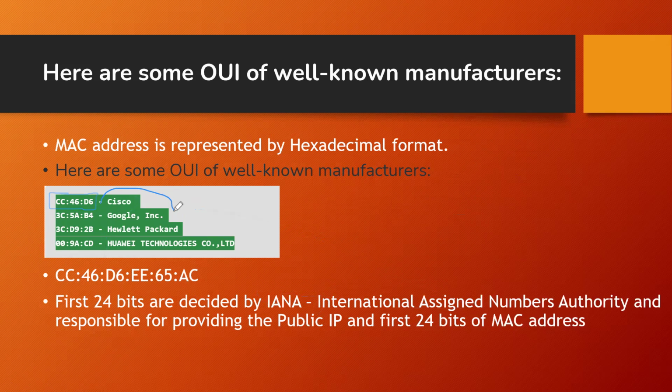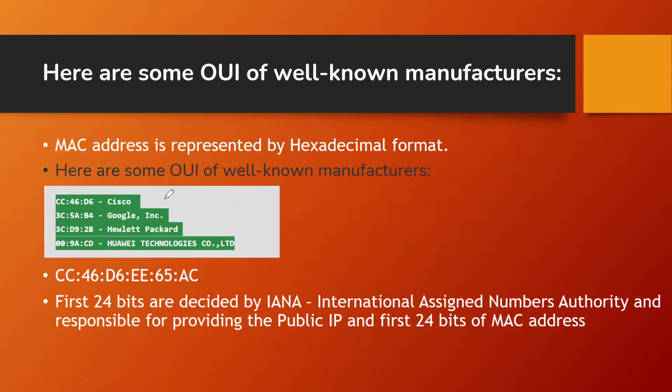After that, the company adds some hexadecimal number to that device. The last 24-bit number is provided by Cisco, but the first part will never be the same for any two companies.